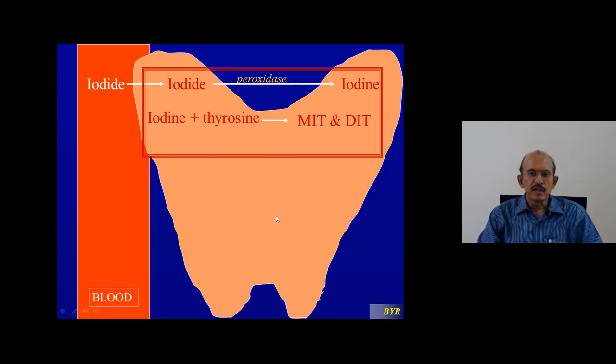The tyrosine present in the cytoplasm of the thyroid follicular cell combines with iodine to form monoiodotyrosine and diiodotyrosine. One molecule of MIT plus one molecule of DIT becomes T3, and two molecules of DIT becomes T4.